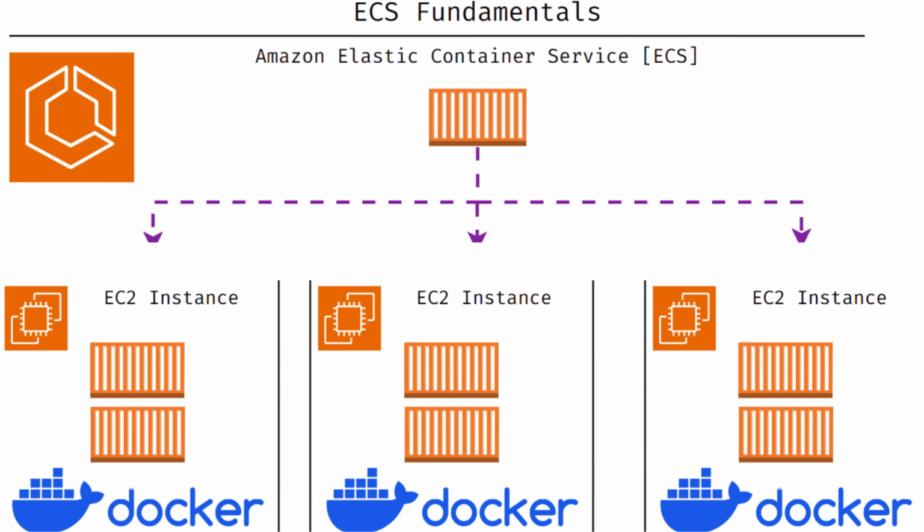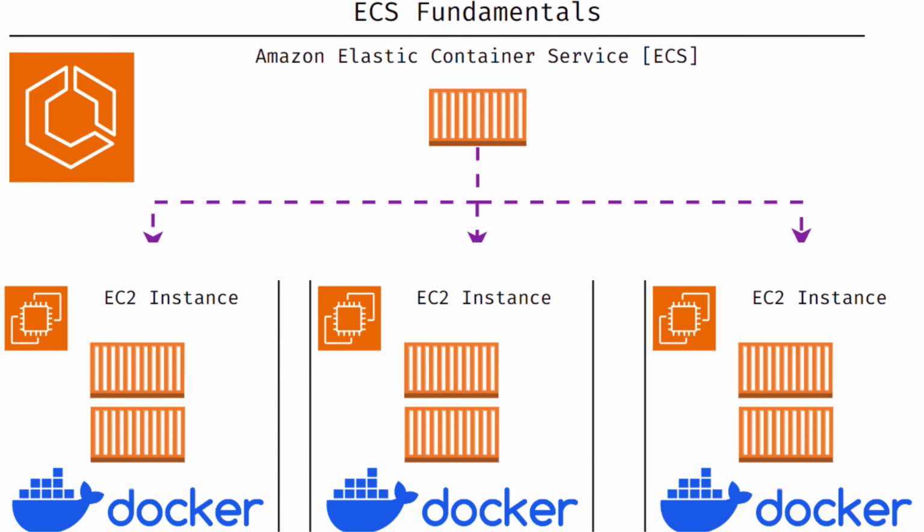One is on EC2 instances, where you're responsible for provisioning and maintaining the infrastructure, and the other is using Fargate, which is a completely serverless option. In this tutorial, we're using Fargate because it eliminates the need to manage any servers. AWS takes care of everything, from provisioning to scaling, so we can focus entirely on deploying our application.